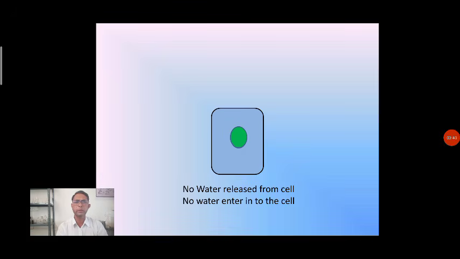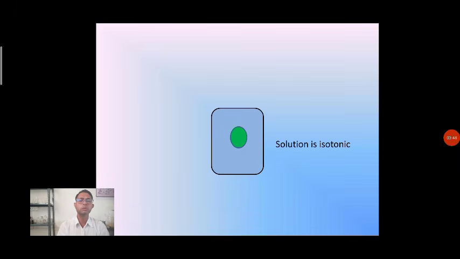There is no flow of water from the external side to the inside, or from the internal side to the external side. This solution is known as an isotonic solution, when the concentration of the solution is similar to the internal cell concentration.